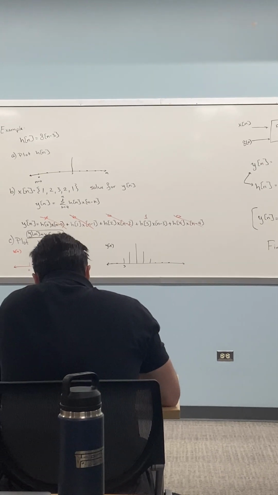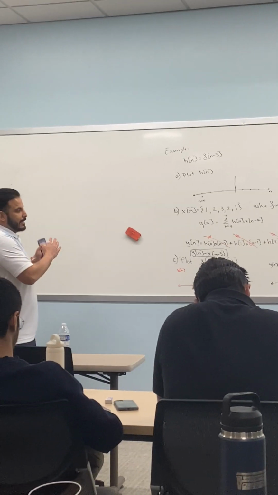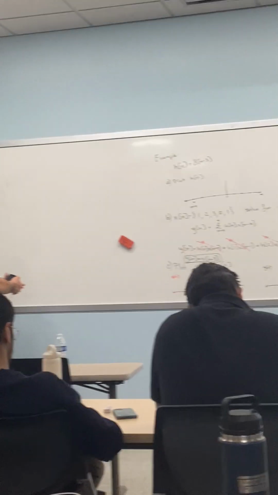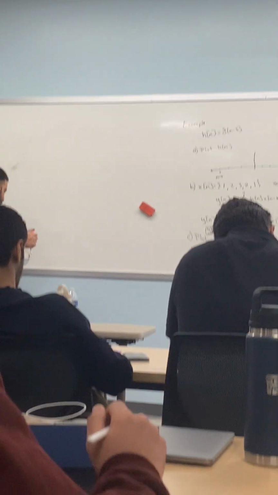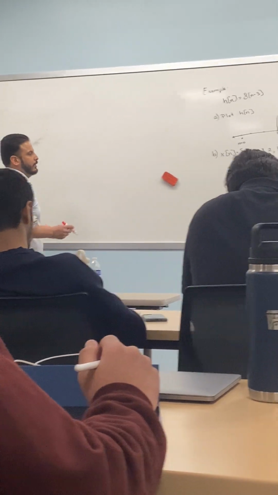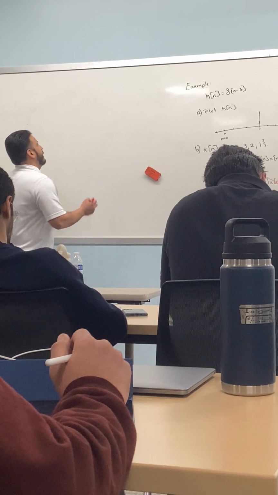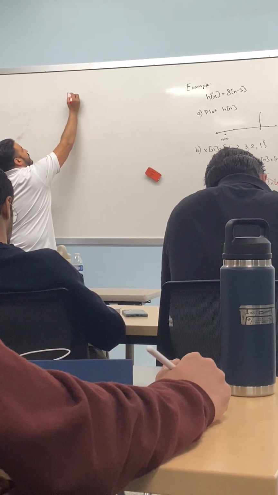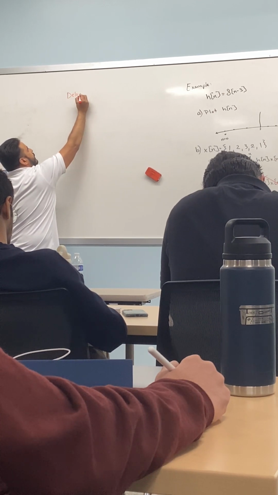There's a time aspect to it, and also a frequency aspect. But for now, the output is the same as x of n, except delayed by 3. That's actually called a delay filter.